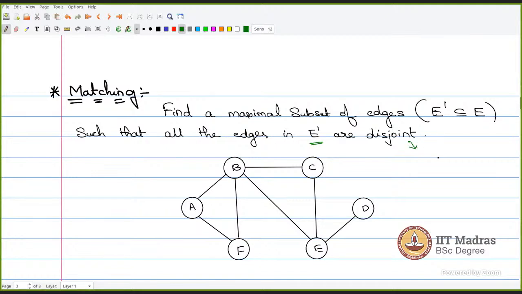Disjoint means there is no common vertex between the edges. This particular edge and this particular edge have a common vertex B, so they are not disjoint. We try to find the disjoint edges and the maximal one. Let me explain the difference between maximal and maximum.